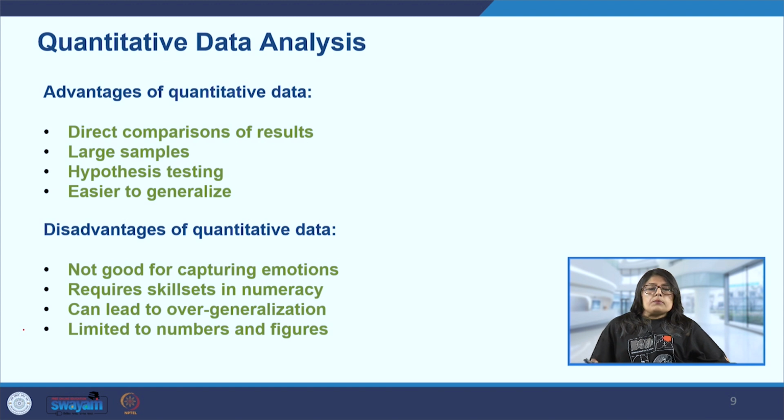So sometimes in quantitative data gathering, we don't know whether the data that we have collected is correct or whether there is some error in it, because we are not with the respondent while they are filling it up.